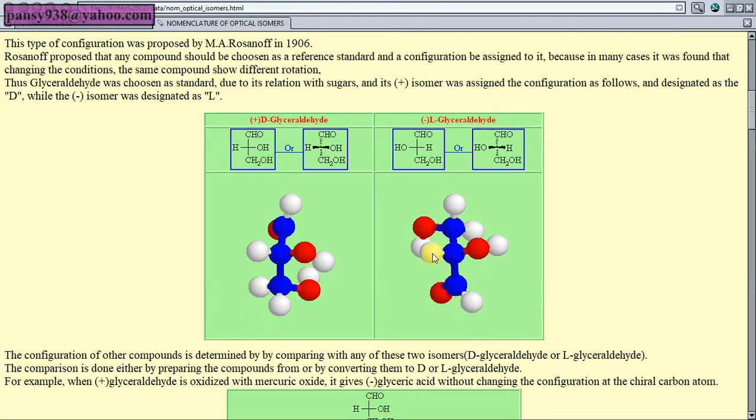You see the difference around the chiral carbon atom. And you can see that they are not mirror images of each other.